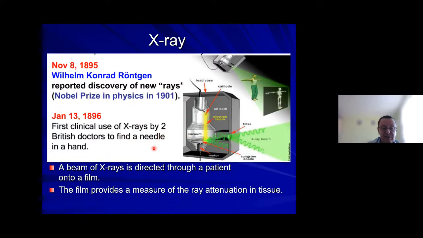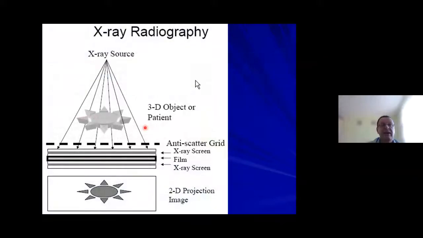And it started to be used for medical purposes. The main idea: a beam of X-rays is directed toward the patient and recorded, from the beginning, by film, which is sensitive to this wavelength, to this frequency, but right now film is replaced by a digital sensor array, which works exactly the same.